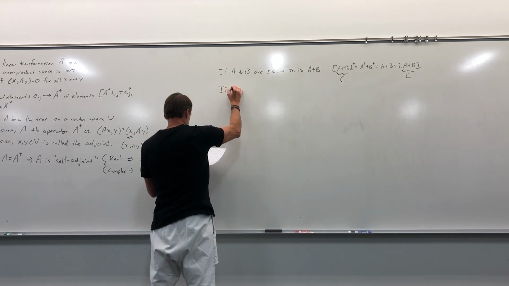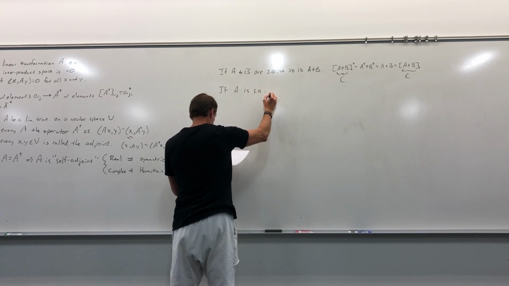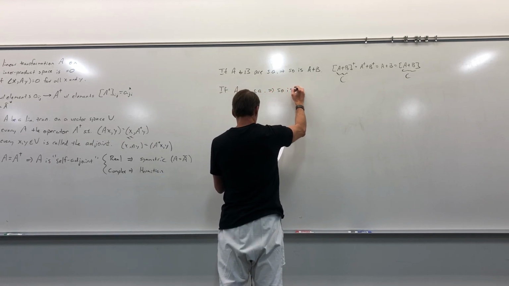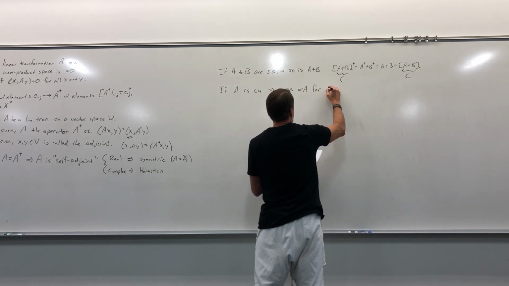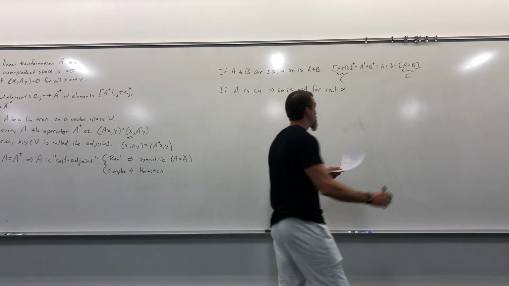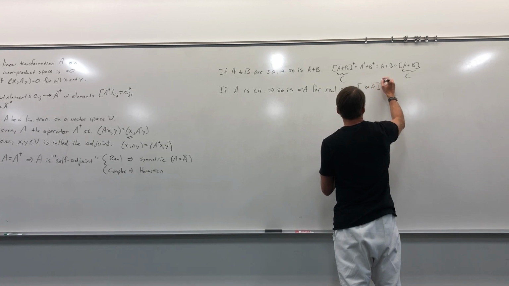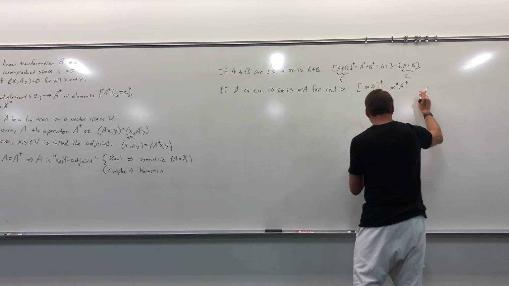If A is self-adjoint, so is alpha A for a real coefficient alpha. Obviously, (alpha A) dagger is alpha star A dagger.